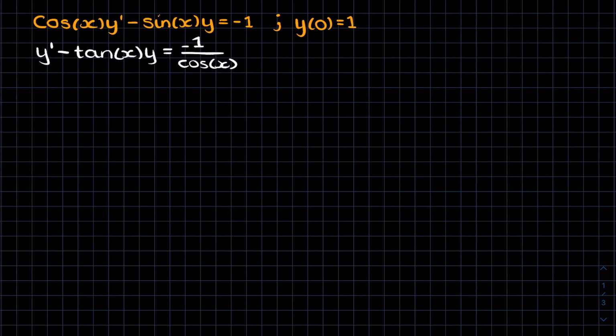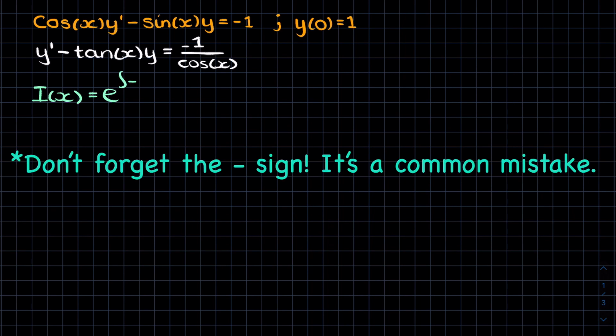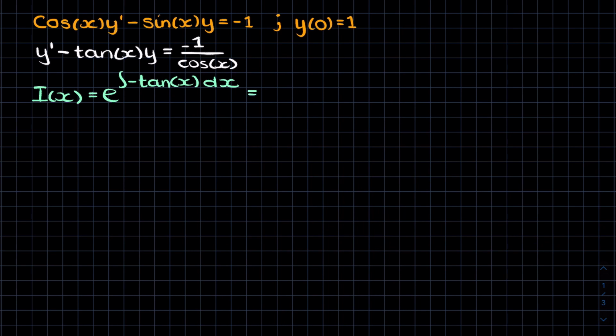Now we can find the integrating factor. We'll call this I of x. And that's just equal to e raised to the integral of whatever is in front of the y, in this case tan of x, dx. Now, simplifying this, we just get e to the natural logarithm of cosine of x, and that just equals cosine of x.